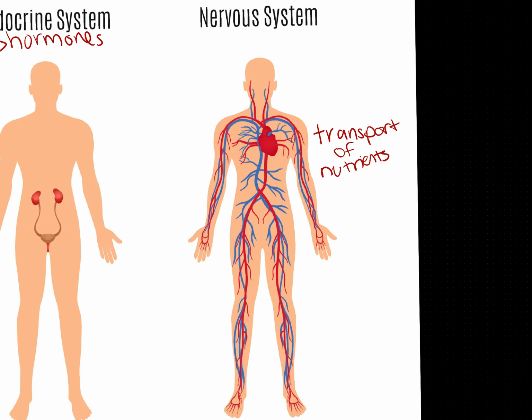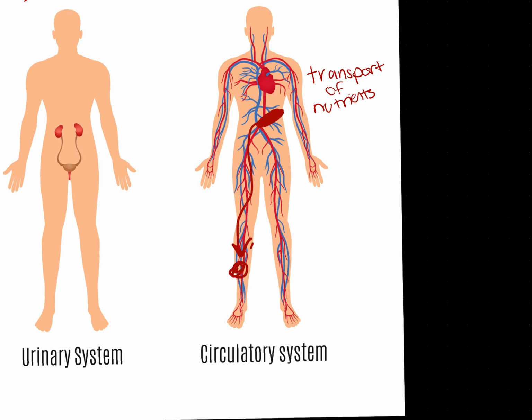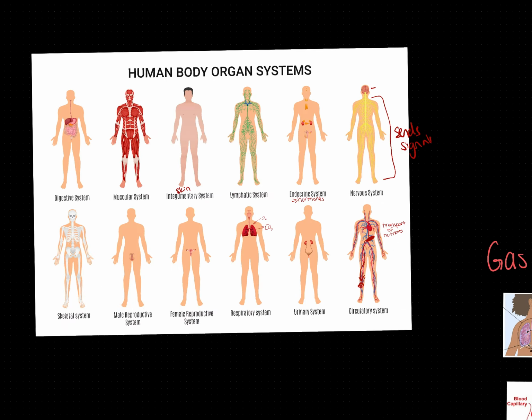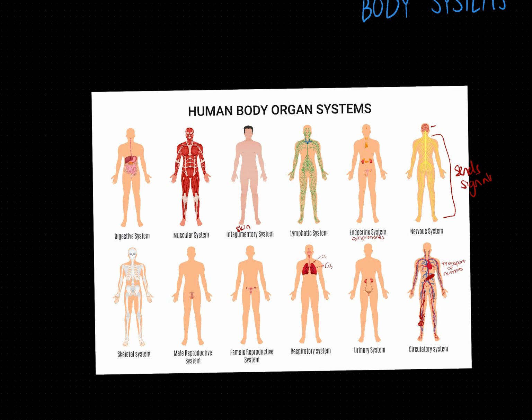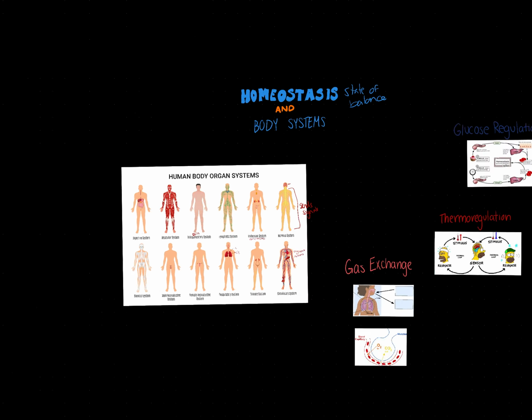So if there's something in your digestive system here and it needs to travel down to cells here, it's going to take your circulatory system to get there. So that's our body systems. The point here is just that all of these systems work together in our bodies to maintain homeostasis.